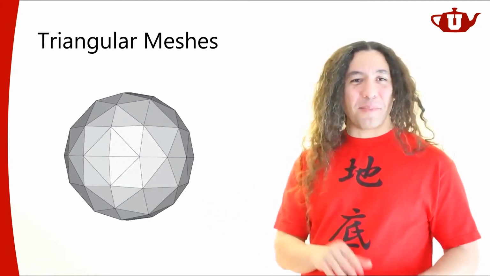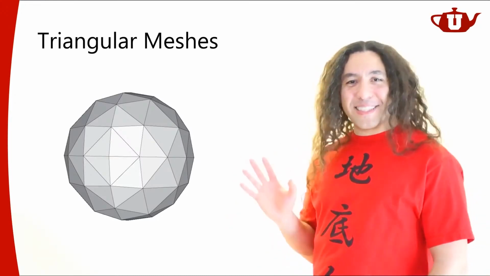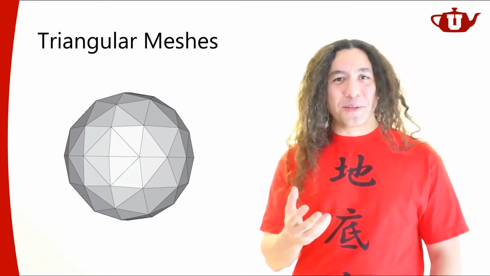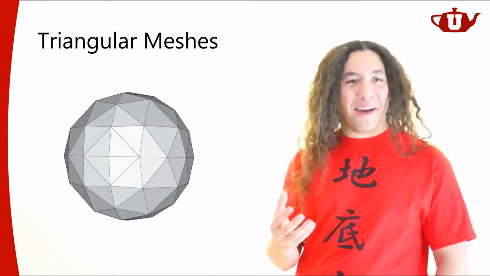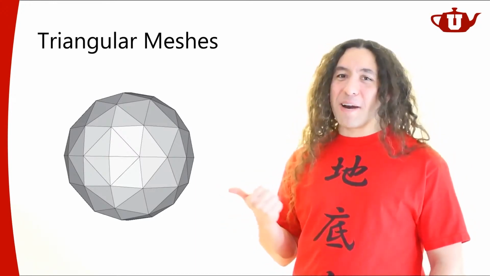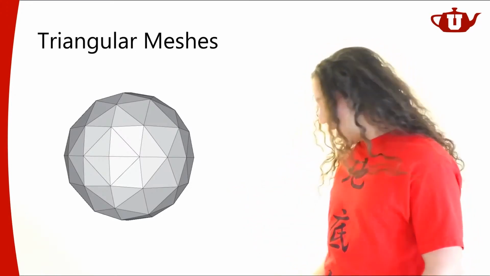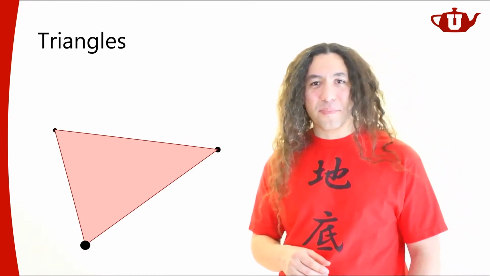I'll talk about rendering on the GPU in a little bit. Nonetheless, triangles are very important because whatever we do with surfaces, with any kind of objects we have in computer graphics, they may end up being a bunch of triangles in the end, right? So let's go back and take a look at our triangles and try to understand them a little better.